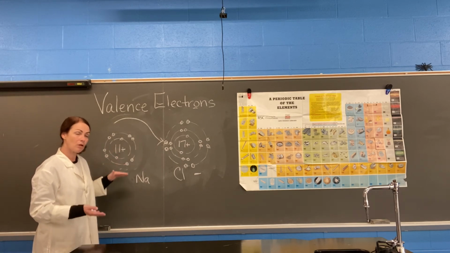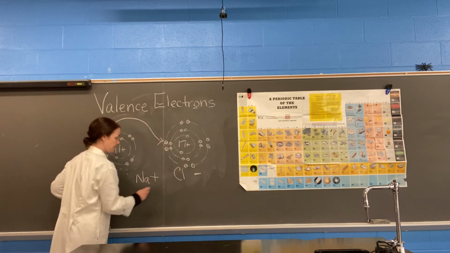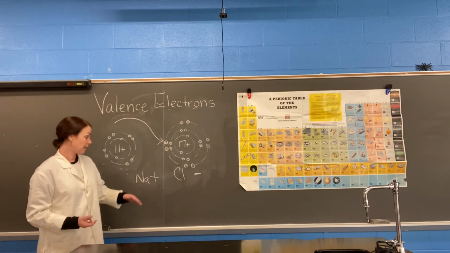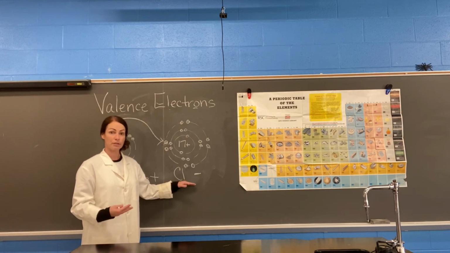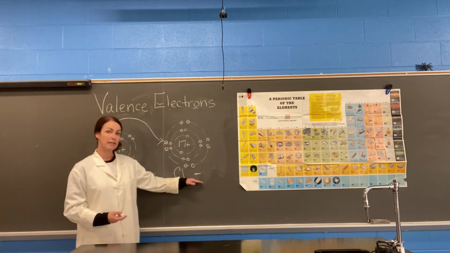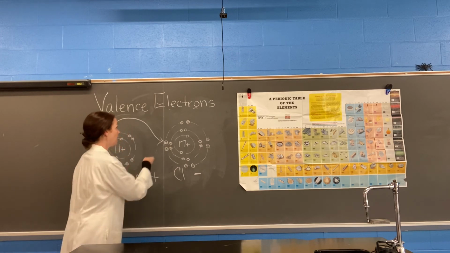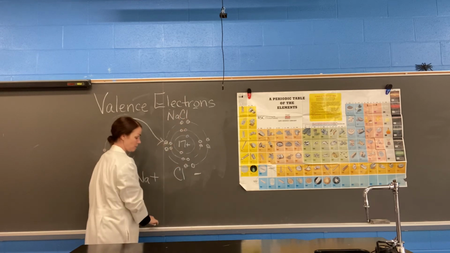So because it lost a negative charge, it now becomes slightly positive. What we now have is something called an ion. We have a sodium ion and we have a chlorine ion because they are charged. But positives and negatives, being opposite charges, attract and they will stick together. And that's why we have sodium chloride or salt.